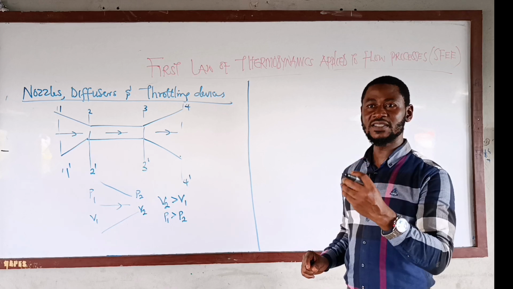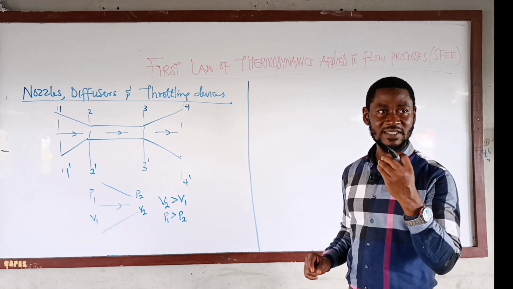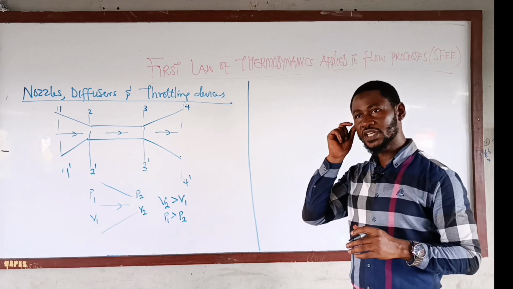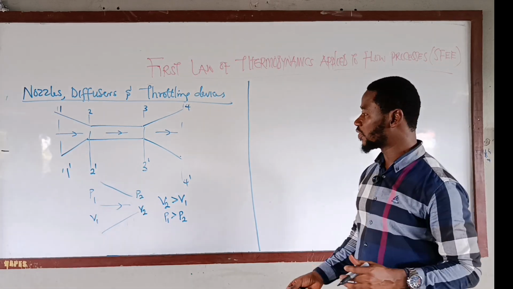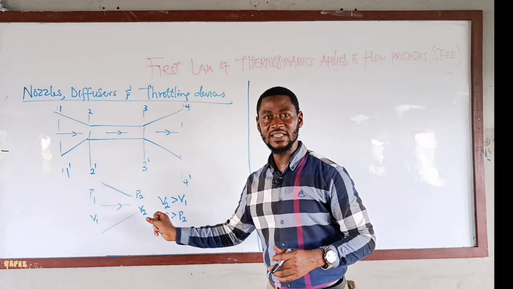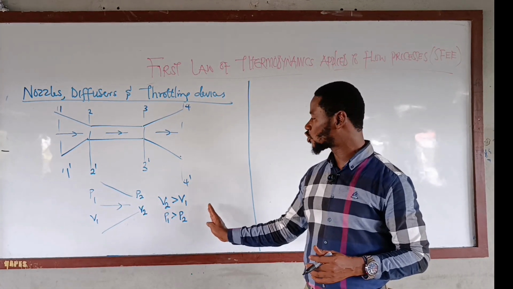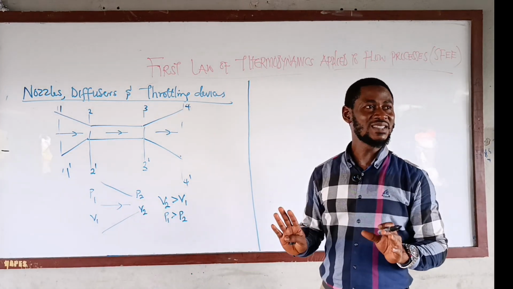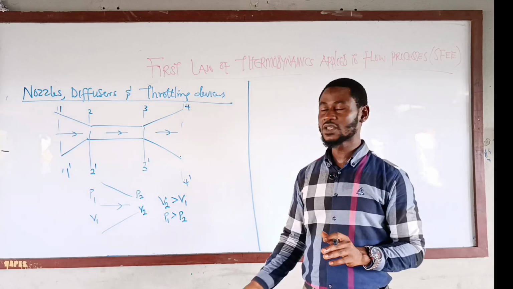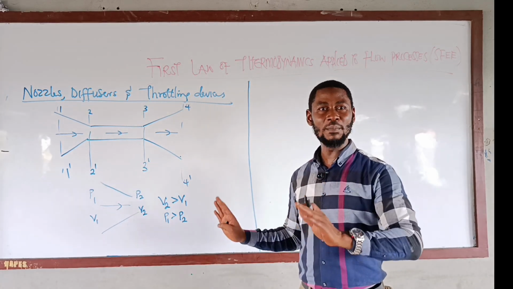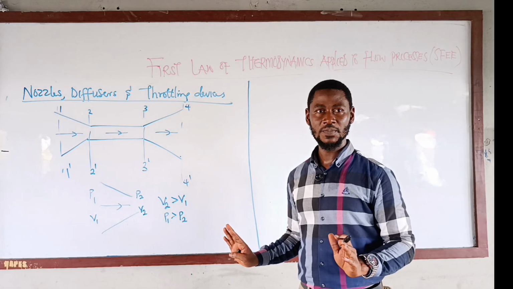If you don't want to write it or give an explanation, since we are engineers, we communicate with one another by drawing. If you have brought out something like this and you use this mathematical expression to define it, the person reading will understand that you are talking about a nozzle.